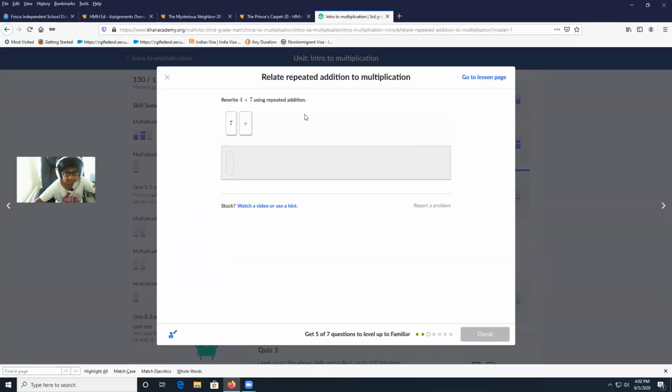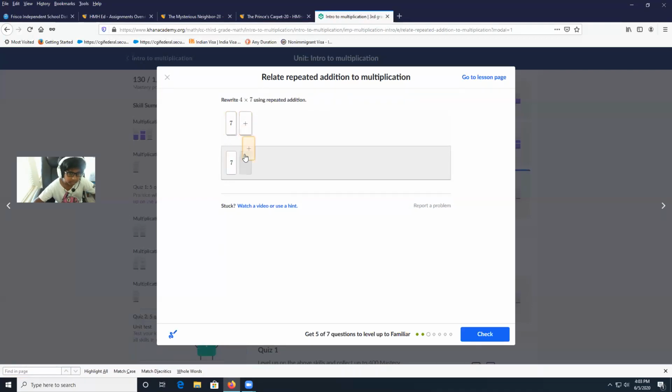We write 4 times 7 using repeated addition. I think I didn't go over repeated addition in my past video, but it is like doing this. You just repeat the expression, and you technically use addition to do it. Do you see how there's 4 times 7? You do 7 plus 7 plus 7 plus 7, 4 times.